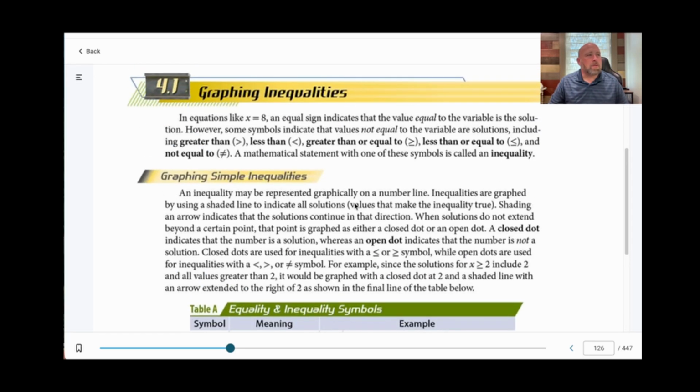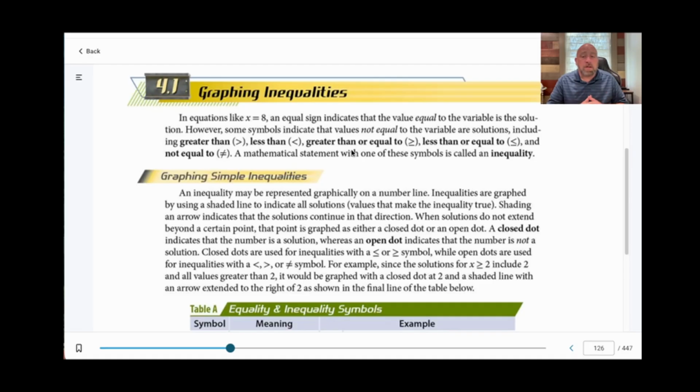Let's go back up here real quick. So here are your signs. This is the way you write them, and that's kind of what they are. For example, you could have x equals 3, right? Or you could have x is not equal to 3. That's a thing too. Normally in math so far you've seen x equals 3.